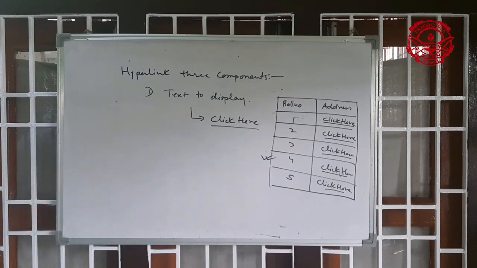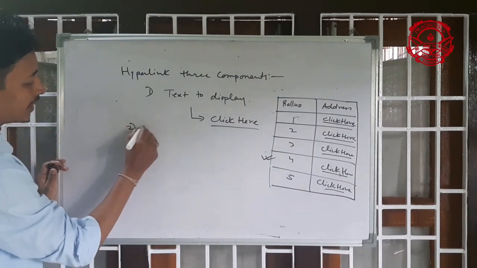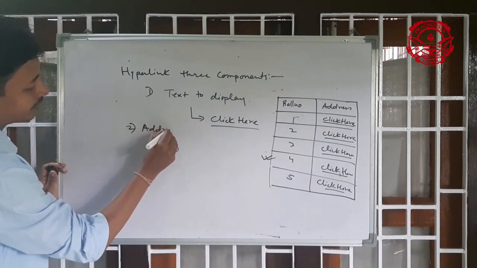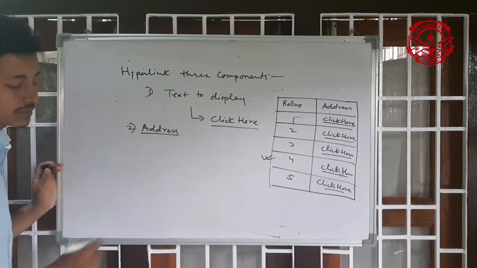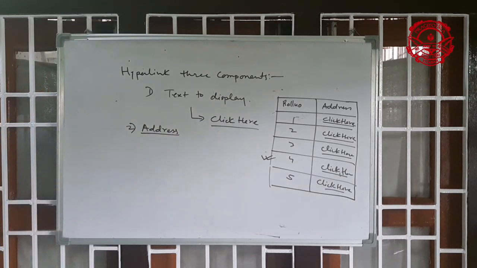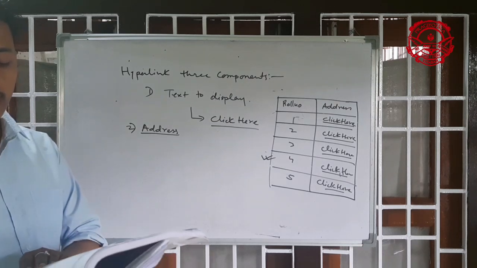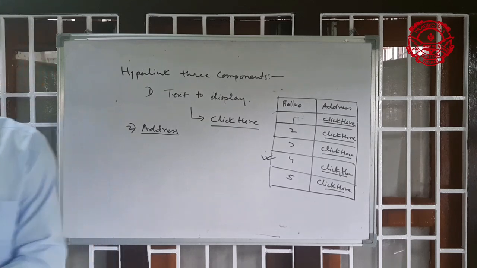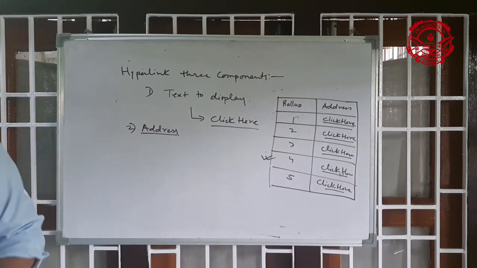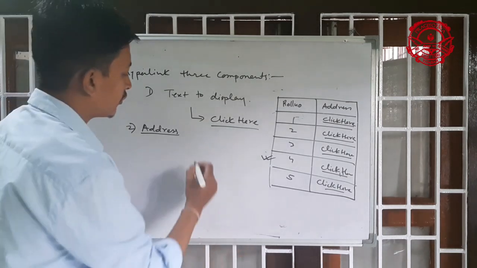Next thing is address, number 2. You can see in the book, address is the destination you navigate to when you click the cell. The URL or file path. URL means Uniform Resource Locator.